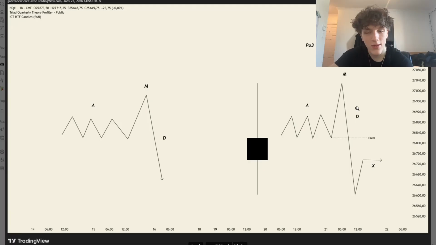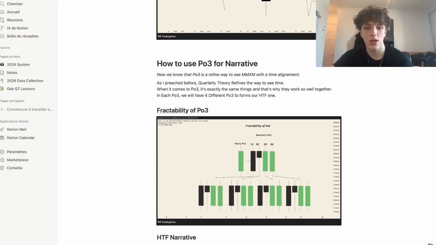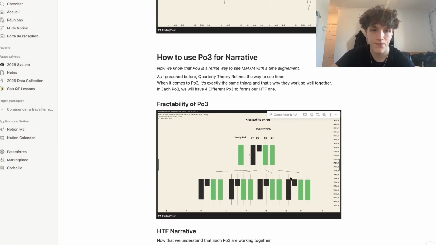We will not need to go up again, sweep this internal high, and then drop. We could just directly distribute lower. And if our higher time frame narrative is bearish, price will surely not make this the manipulation. If we are bullish, it could be, but it really depends on the narrative.